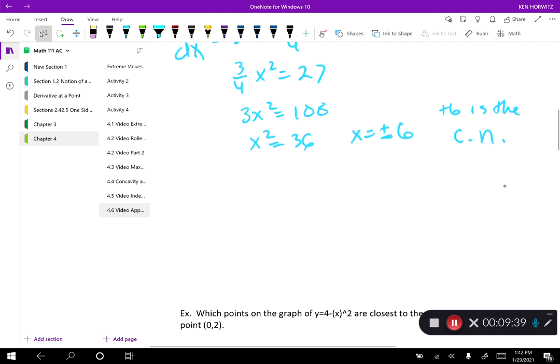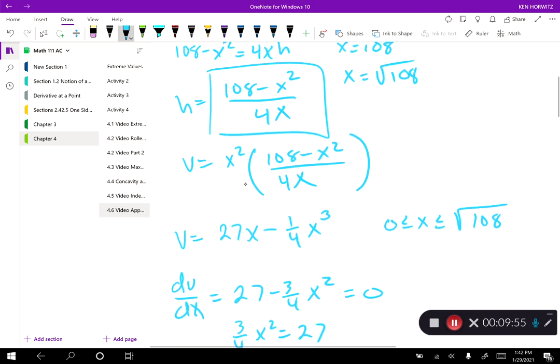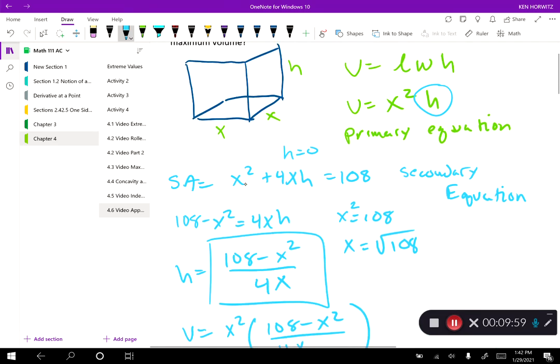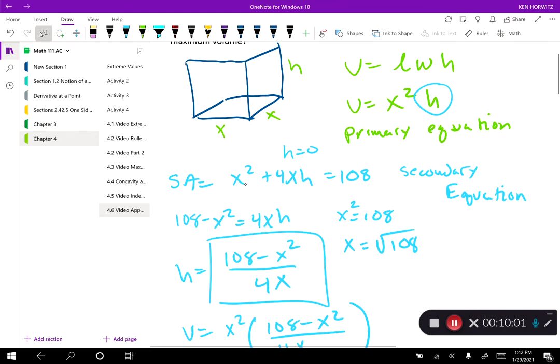So what I want now is I want to know V of 0, I want to know V of 6, and I want to know V of the square root of 108. What you do is you go back to the original equation, our volume equation right here.